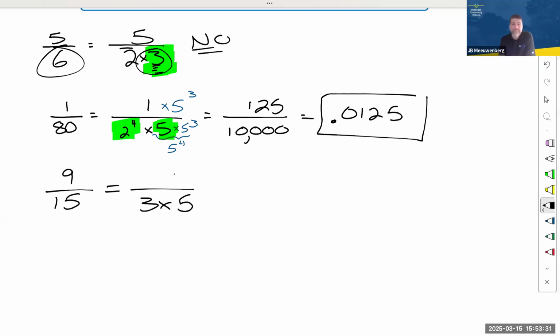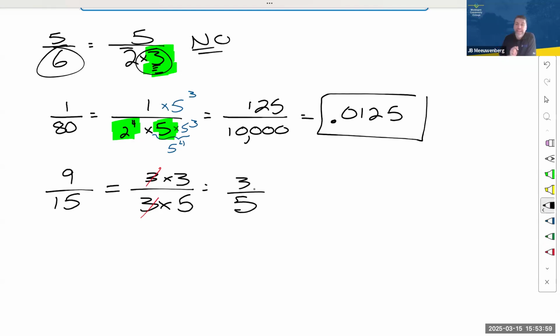And maybe right there you stopped and said, oh, well, there's a 3 in there, so it's not able to be written as terminating. But if you look at the numerator 9, that could be factored into 3 times 3, and we have a common factor in the numerator and denominator. And those can be canceled out, leaving us with a simpler version of our fraction, 3 over 5.